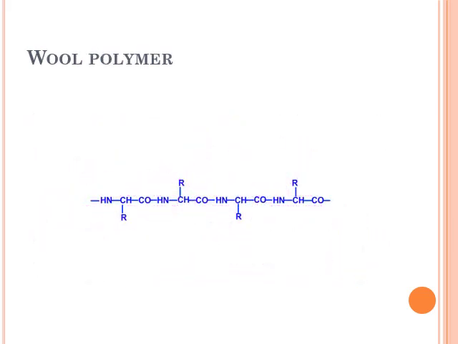The wool polymer is a linear alpha keratin polymer which has a helical configuration. Steps in the formation of wool polymer are not known. The repeating unit of wool polymer is the amino acid, which is linked to each other by peptide bonds, CONH groups.